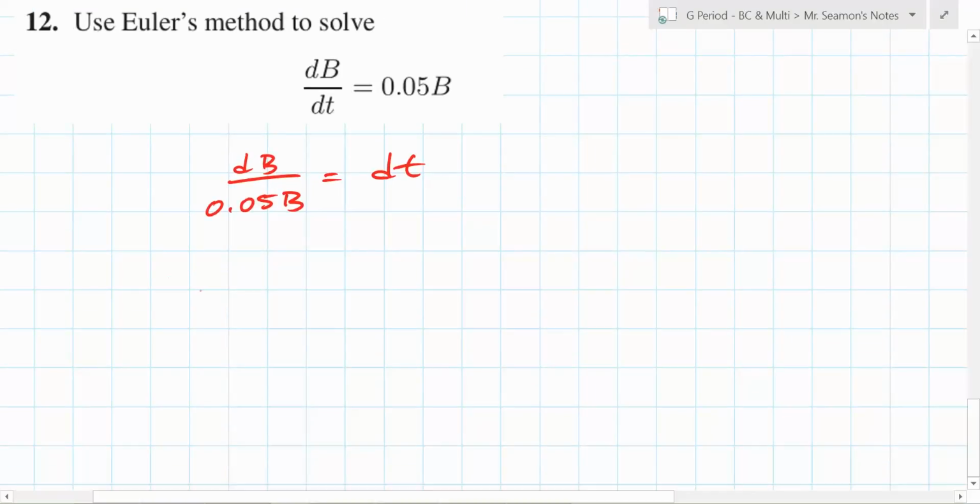So what does this become? 1 over 0.05 times ln of the absolute value of b. I can factor that out, right? Equals t plus some constant, right?